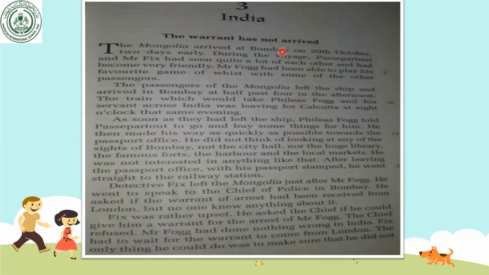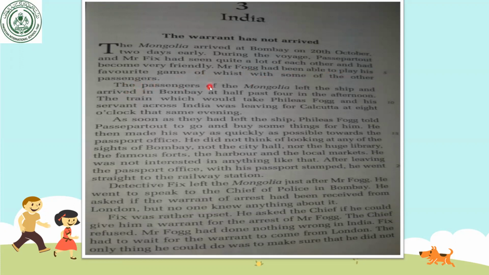So let's start the reading of the lesson. The warrant has not arrived. The Mongolia arrived at Bombay on 20th October, 2 days early. During the voyage, Passepartout and Mr. Fix had seen quite a lot of each other and had become very friendly. Mr. Fogg had been able to play his favorite game of whist with some of the other passengers.